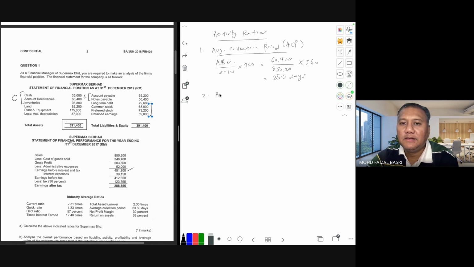Then kita ada number 2 tadi apa? Account receivable turnover. Okay, we have 4 different turnovers. So account receivable turnover. So ingat turnover ni adalah sales bagi account receivable. So sales dia kita dah tulis tadi, 850,200 and divide by 60,400.